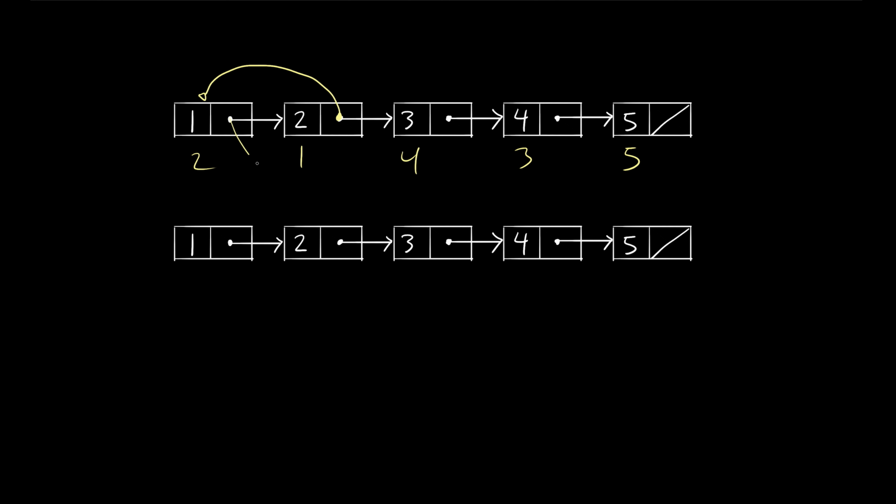So that means you're going to have to go all the way to here, right? And then also the head will now be on 2 instead of 1. And then 3, instead of pointing to 4, is going to point to 5. And then 5 is going to stay here, which is fine. But then 4, instead of pointing to 5, is going to point to 3. As you can see, this method might be quite complicated.